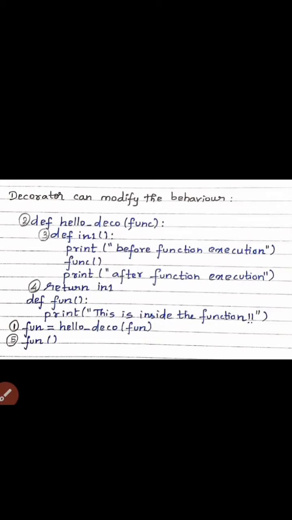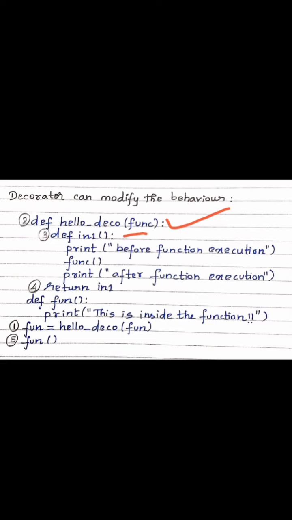Fine. In the first line, I have defined a decorator. Then in the second line, you will have def in1, which means in1 is a wrapper function in which the argument is called. Here in1 is an inner function that can access the outer local functions, like in this case the func function.